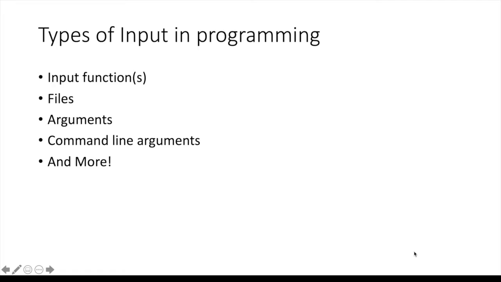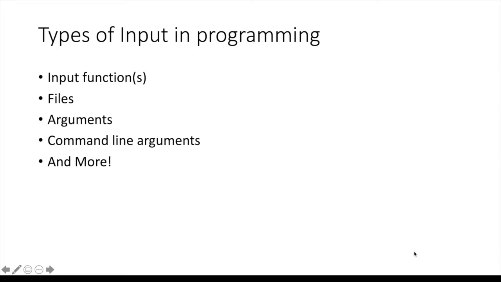Let's talk about the types of inputs in programming. The first type of input that we're going to be talking about the most is going to be input functions. And once again, while we're learning mainly Python, I do want you to get into the habit of realizing that a lot of the stuff we're talking about here is generalizable to a lot of other programming languages. Even though the input function, as you'll see in a little bit, is the exact way we do input in Python, there are other ways that we can do input in other programming languages that function the same way.